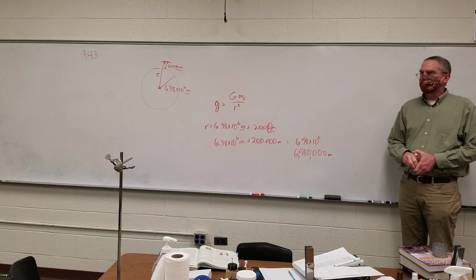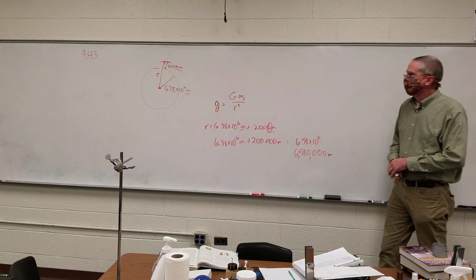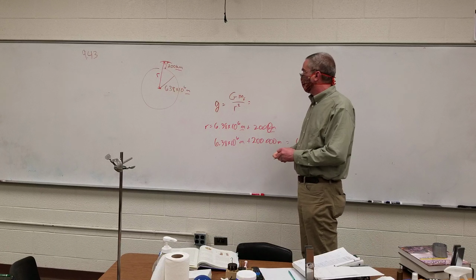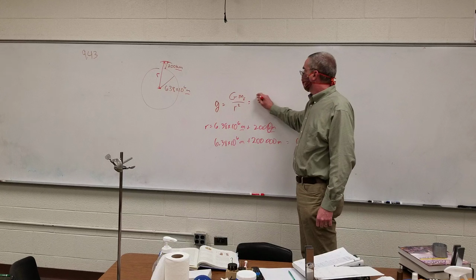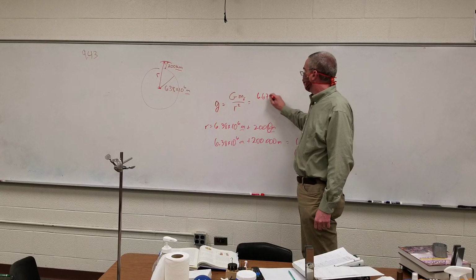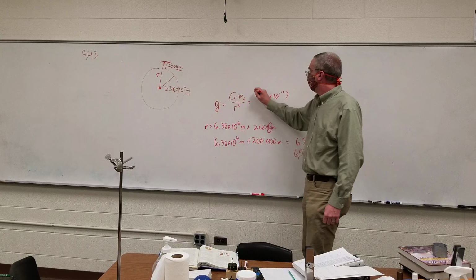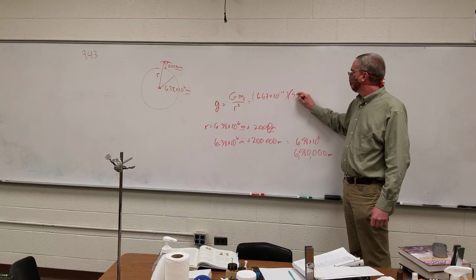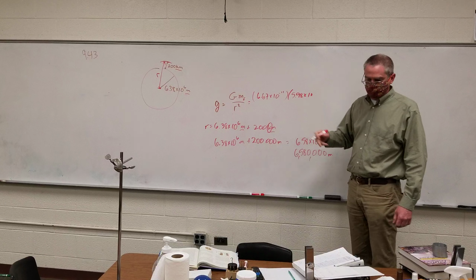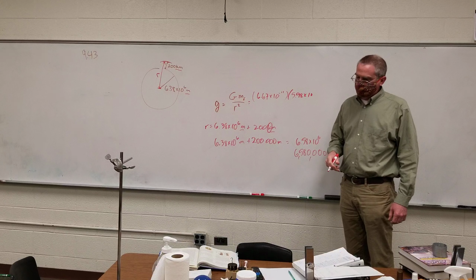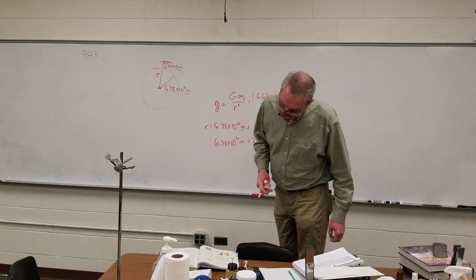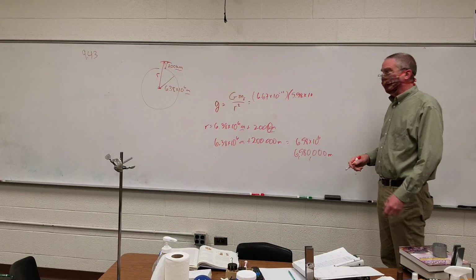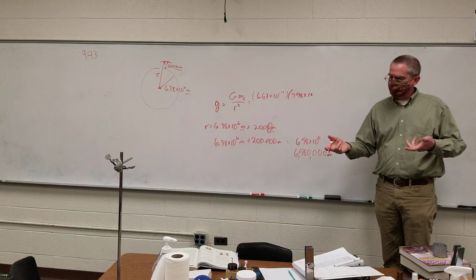And then after that, what do we do? Then it's plug and chug, once you recognize that's the formula you're working with. So that would be 6.67 times 10 to the negative 11th times the mass of the Earth. 5.98 is what I've been using in class, and I think that's what's in the back of the book.